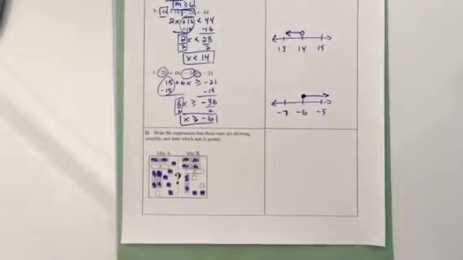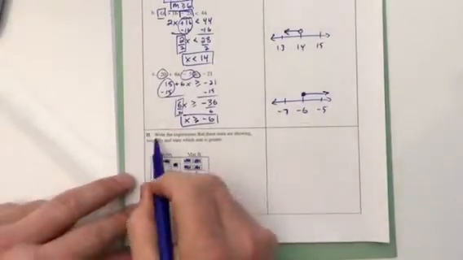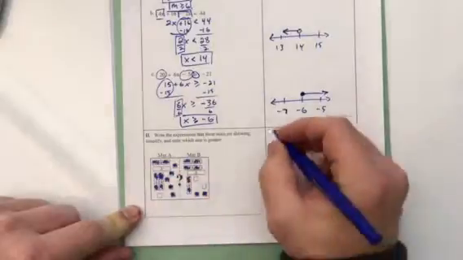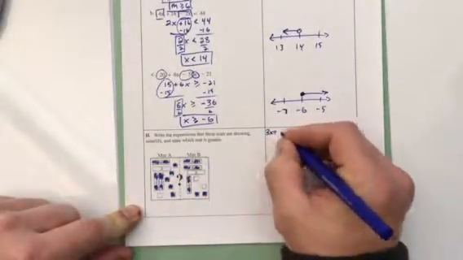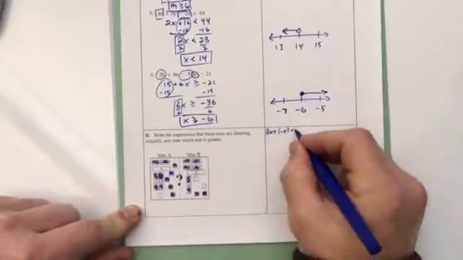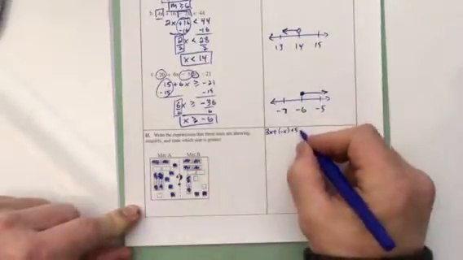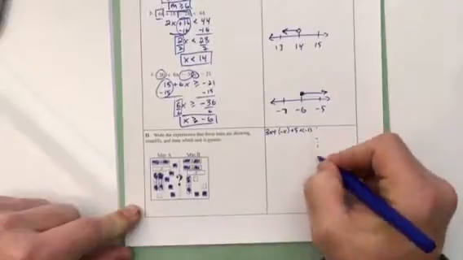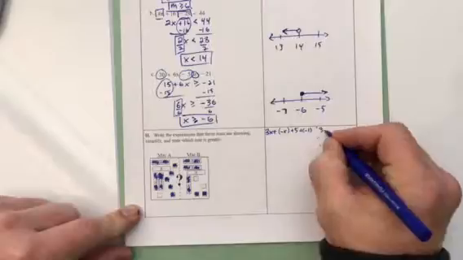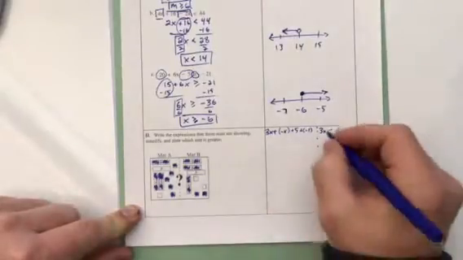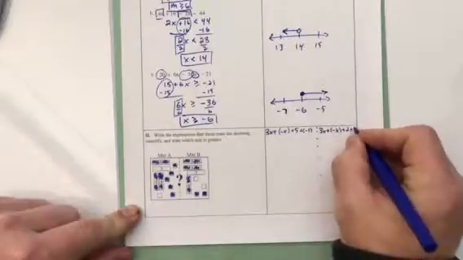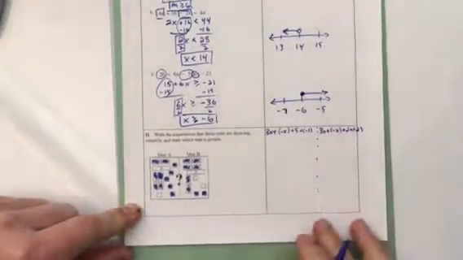Standard 2. Write the expressions that these mats are showing. I'm going to do that first. I have 3 positive x's, so that's 3x, plus 1 negative x, plus 5 unit tiles, plus 1 negative unit tile, on mat A. On mat B, I also have 3x plus negative x, but then I have plus 2 plus negative 2.